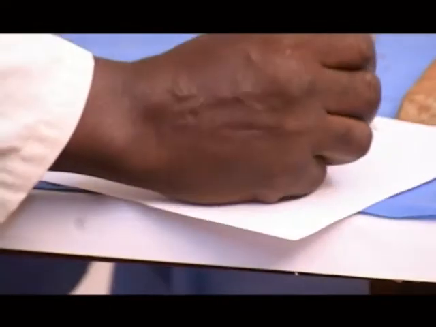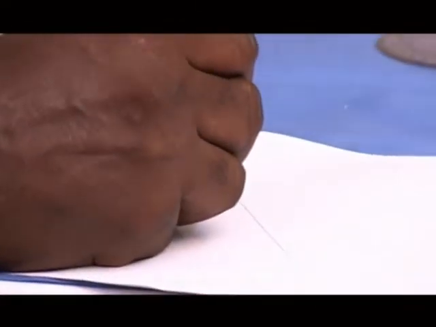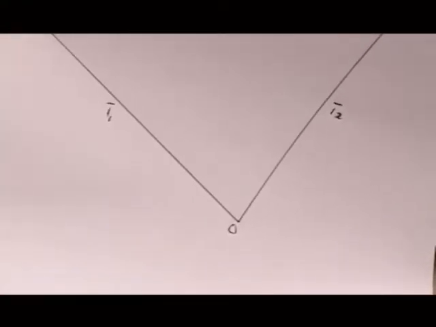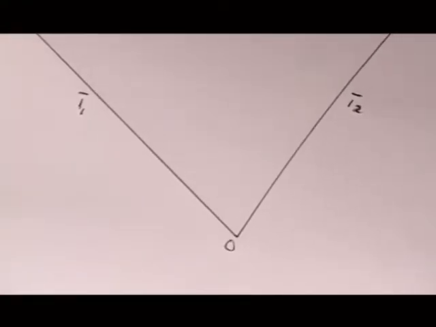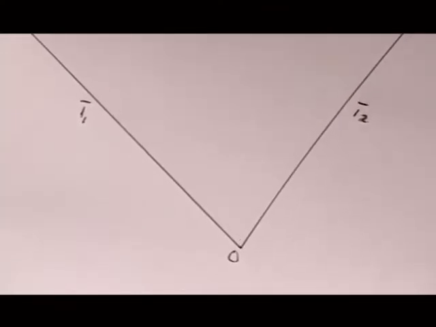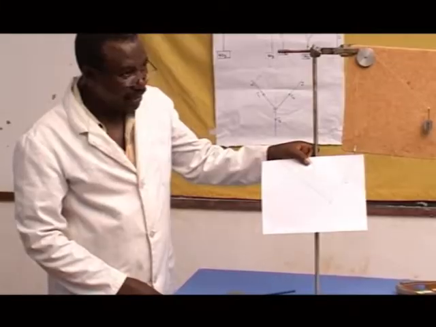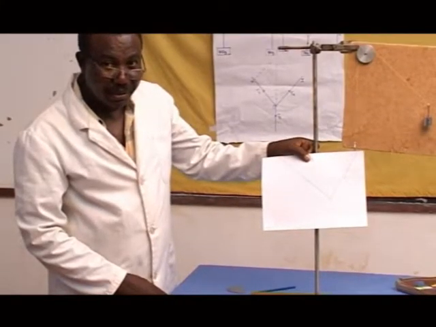Call this side T1 and this side T2, and this is the original point. T1 represents 40 grams and T2 represents 50 grams.